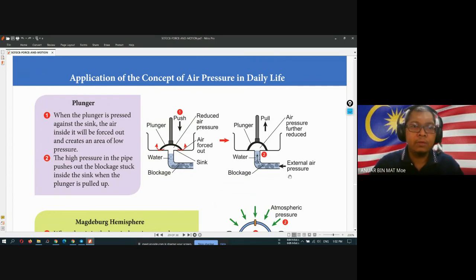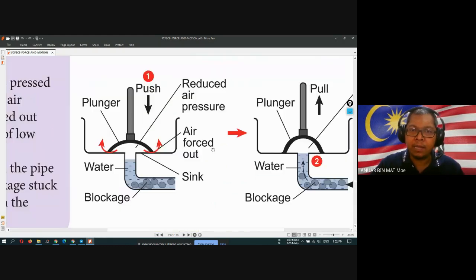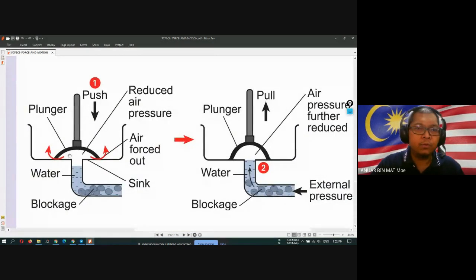So number one, the plunger. You must identify which area has the highest and lowest air pressure, given the action, for example whether you push the plunger downward or upward.